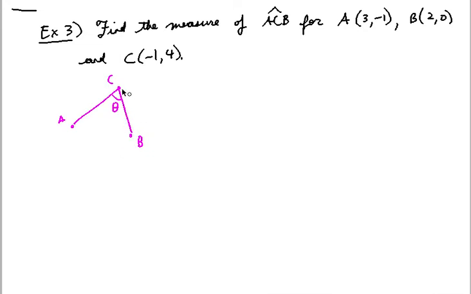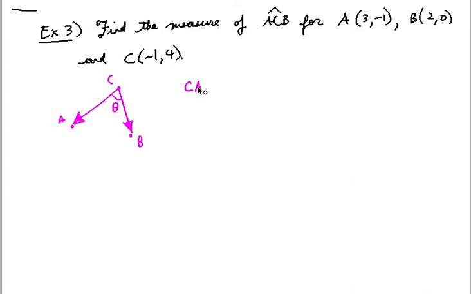So if I can create two vectors that emanate from the same point, then I can find the angle between those two by using the dot product. So if I were able to find CA and CB, then I can use the dot product to find this angle. So let's see if we can do that.